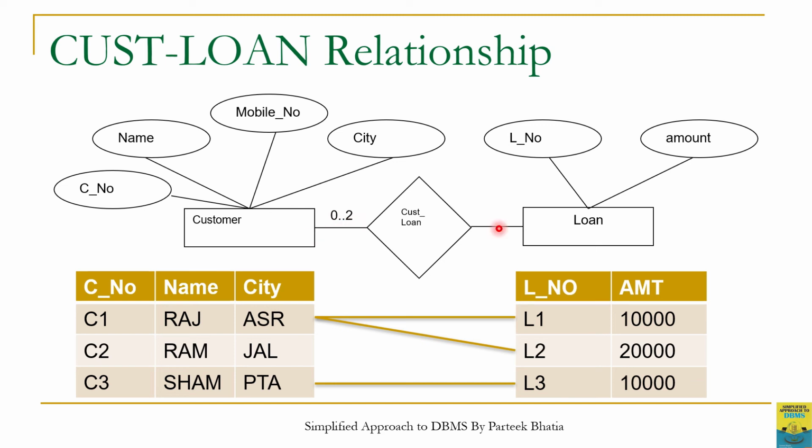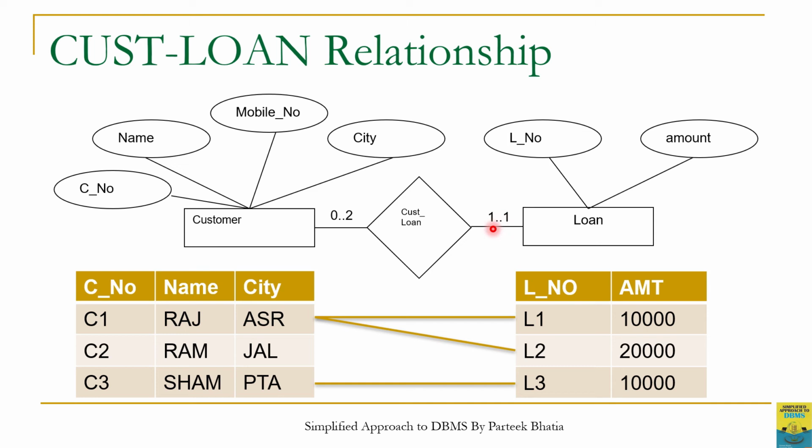Now let us think about the cardinality of the loan entity set in this relationship. You can see that for every loan we have a minimum of 1 customer and the maximum number of customers for a given loan is also 1. So the cardinality of loan with respect to this customer loan relationship should be 1 to 1. It means for every loan there should be a minimum and maximum of 1 customer.